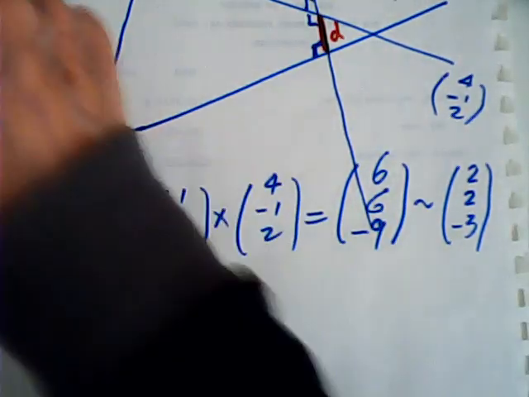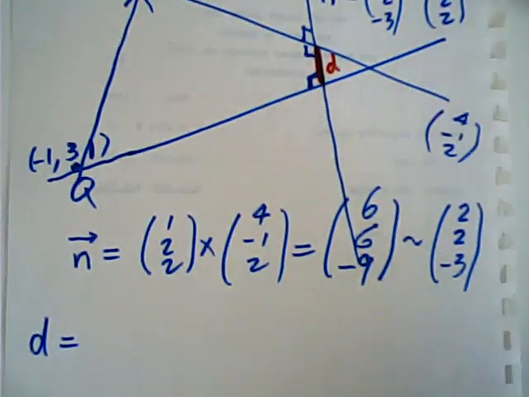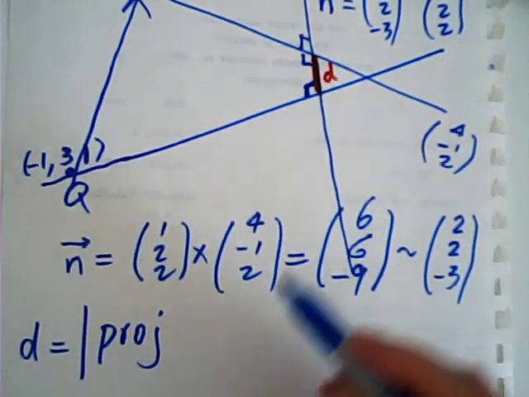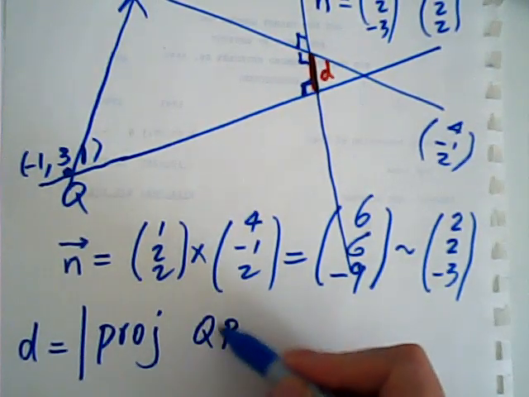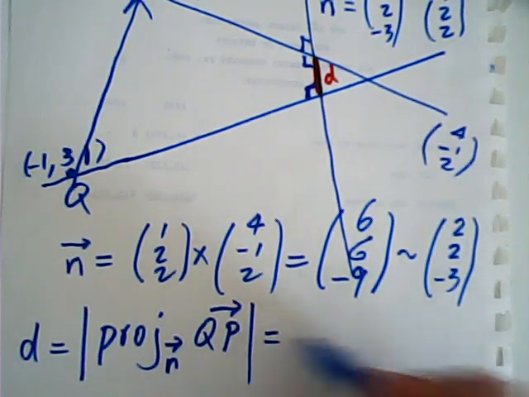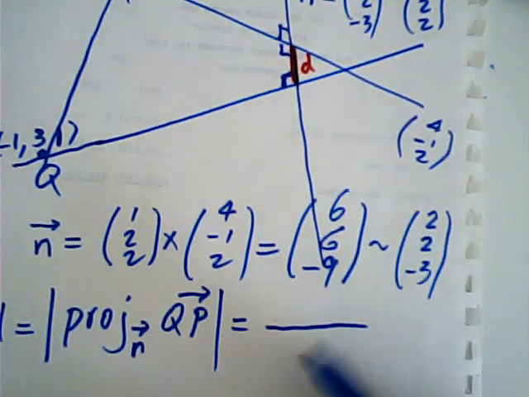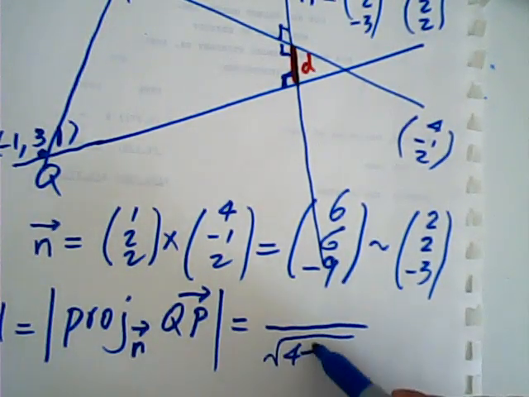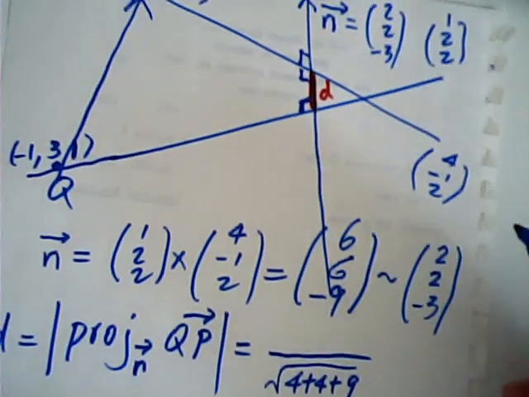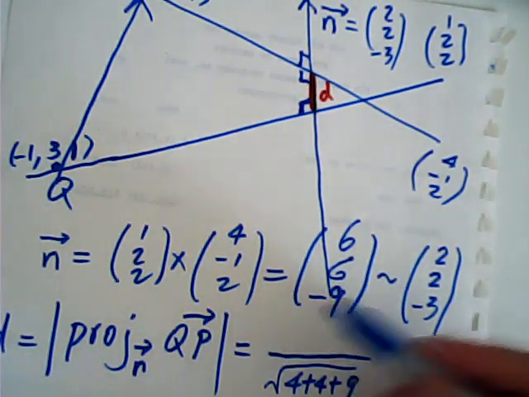the distance d is equal to the projection of QP onto n, absolute value. Okay, this one is equal to, n squared is 4 plus 4 plus 9. Well, let me.